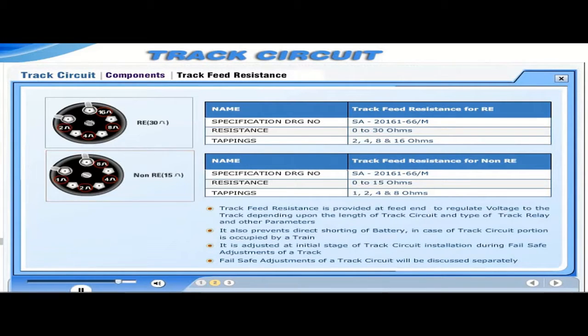Track feed resistance for non-RE up to 15 ohms and tapping is 1, 2, 4, 8 ohms.